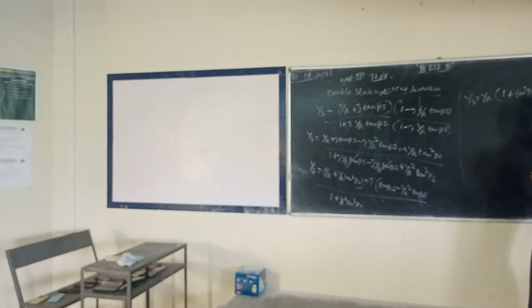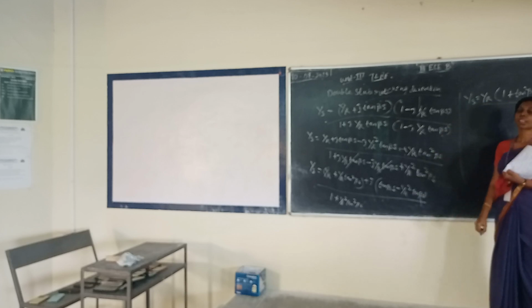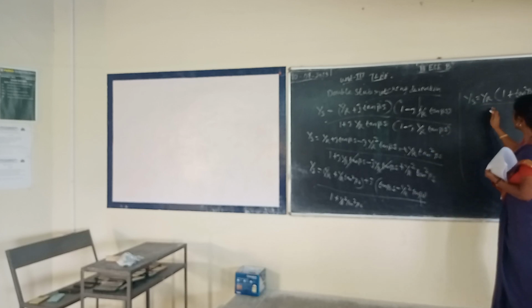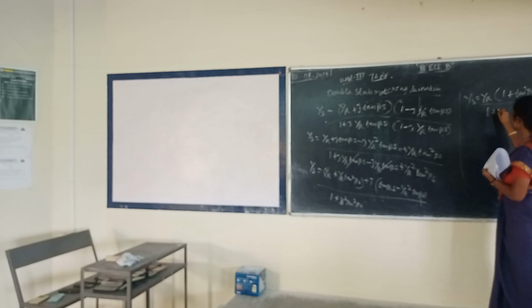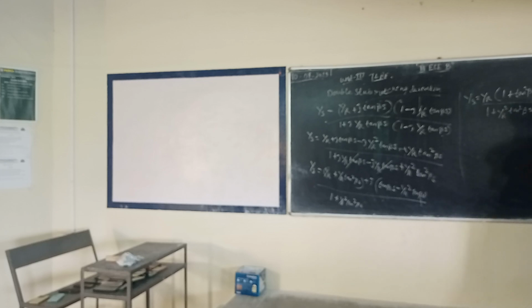So what I will get? 1 minus y r square by... So real and imaginary they are separating. So 1 plus y r square tan square theta s, and here also in the denominator term 1 plus y r square tan square theta s.